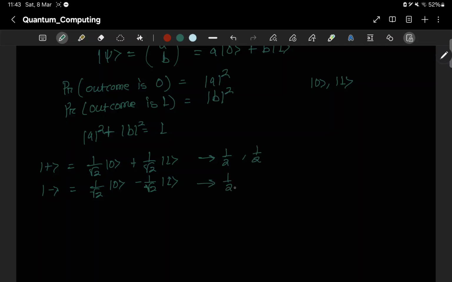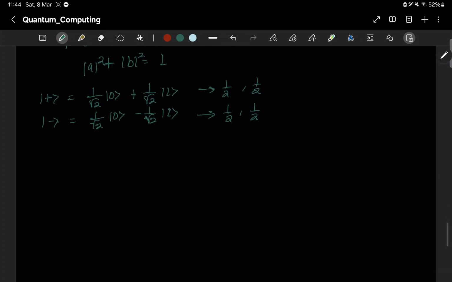In this case also, the probability of occurrence of 0 is half, and the probability of occurrence of the 1 state is half. So if we measure the plus state multiple times, we'll get the 0 state 50% of the time and the 1 state 50% of the time. Similarly for the minus state, if we do a lot of measurements, we'll get the 0 state 50% of the time and the 1 state 50% of the time. So we cannot differentiate between these two states.